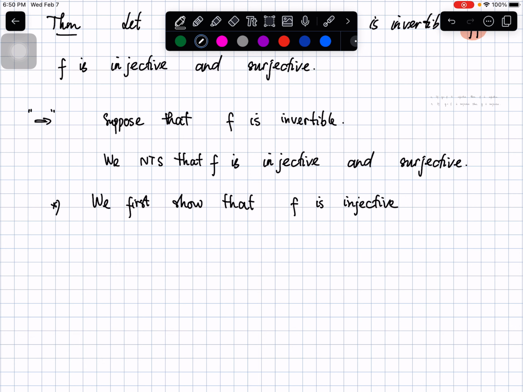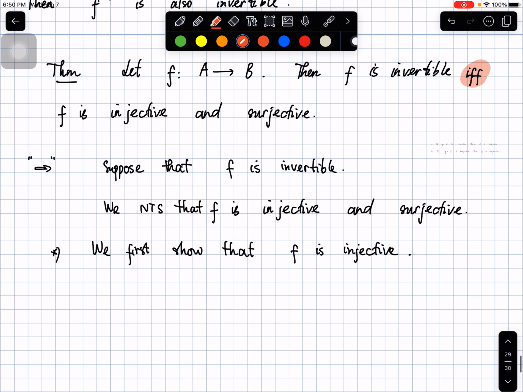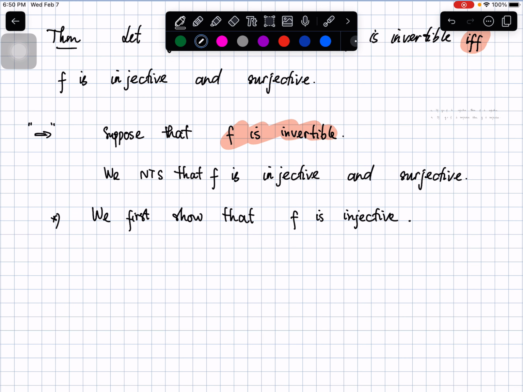Okay. So our hypothesis is f is invertible. f is invertible, f from A to B. So there must be an inverse function, f inverse, right?